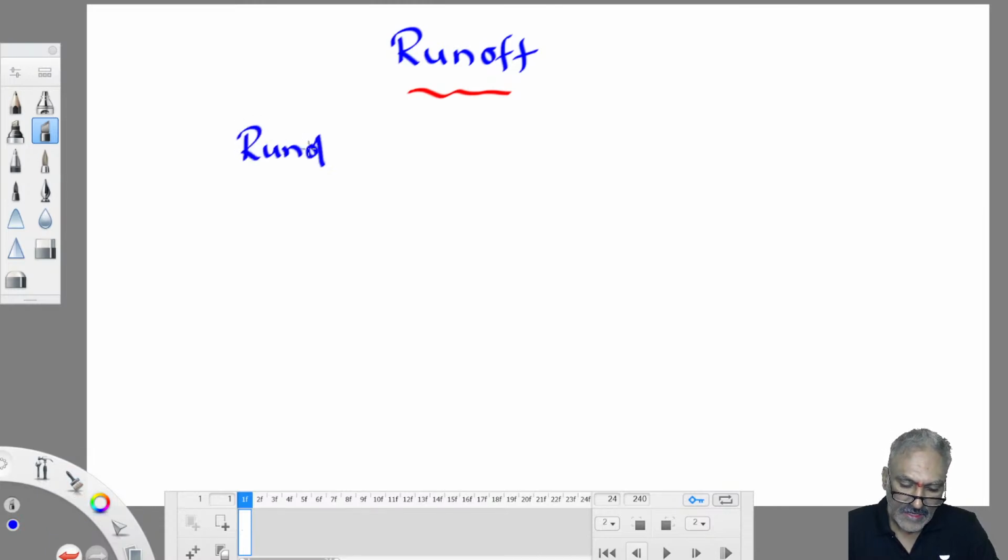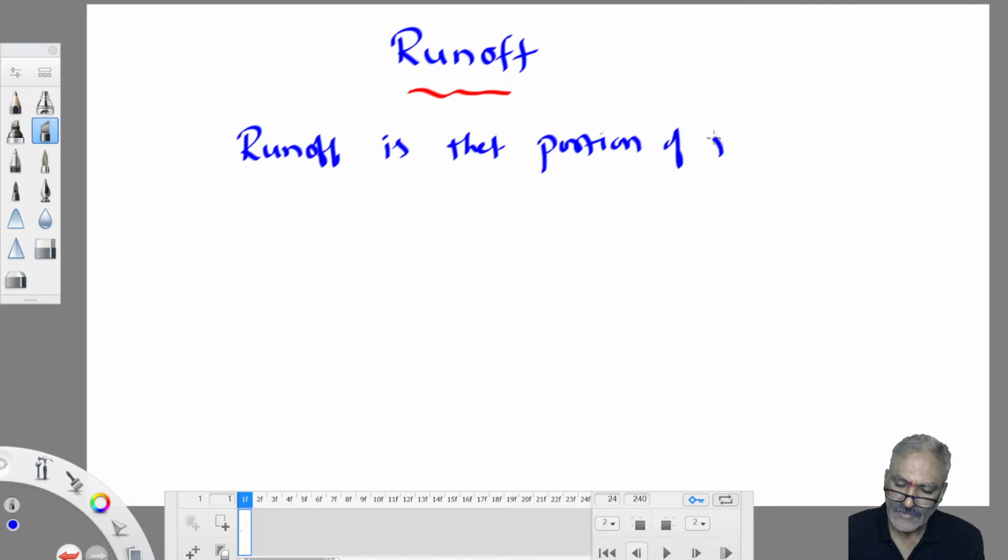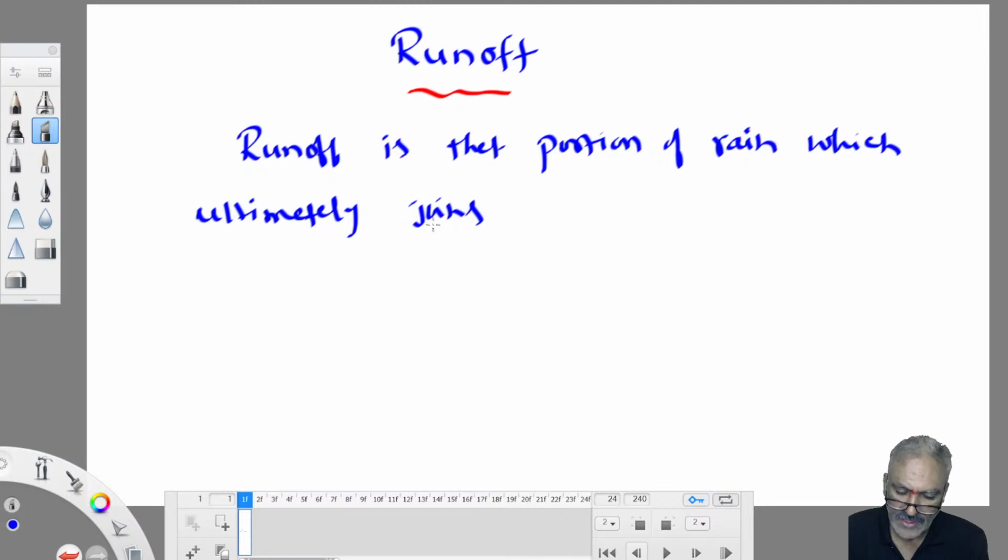Right? Runoff is that portion of rain which ultimately joins the water body. Mostly you will get questions from runoff only.